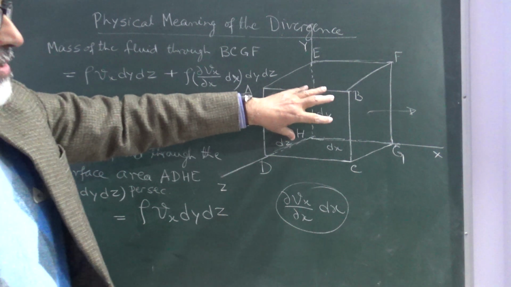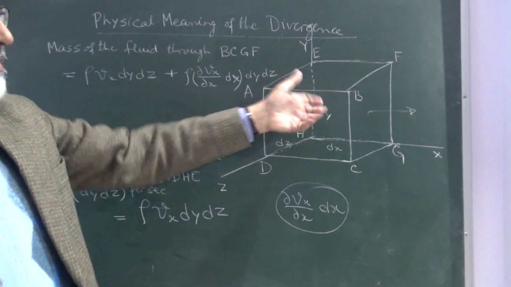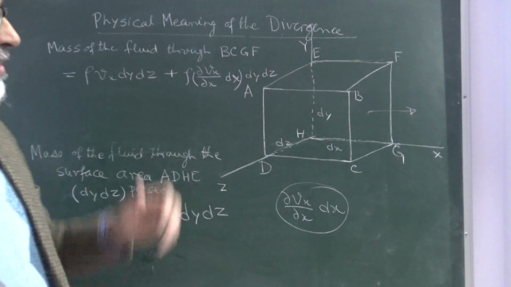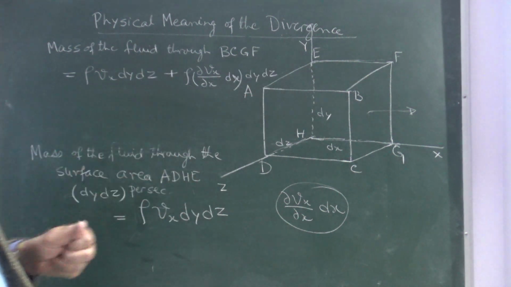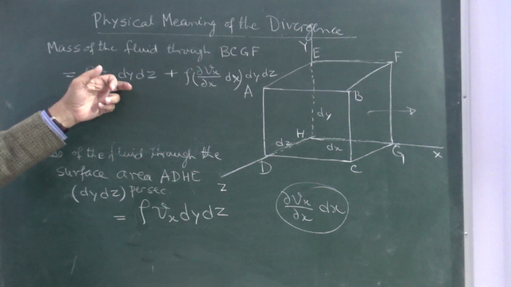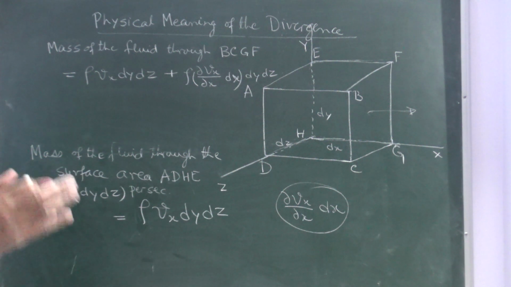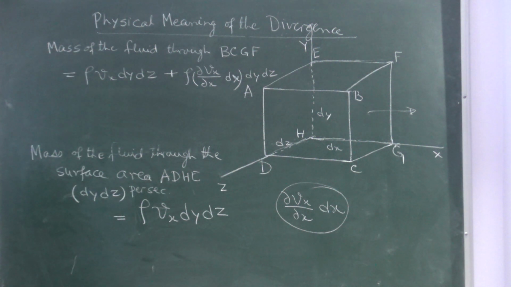What is the flux which is coming out of this cube? If you subtract, you will get the mass of the fluid which is coming out of the cube along the x-axis.